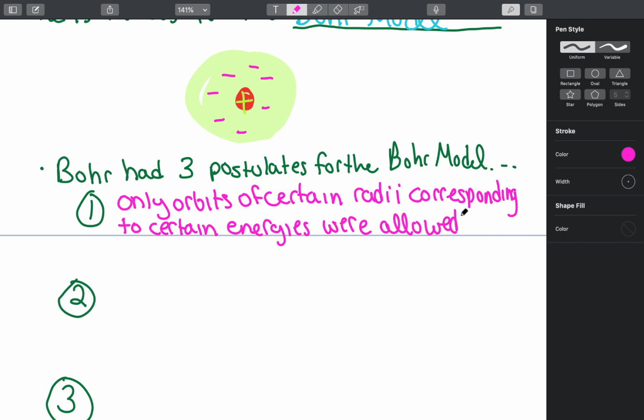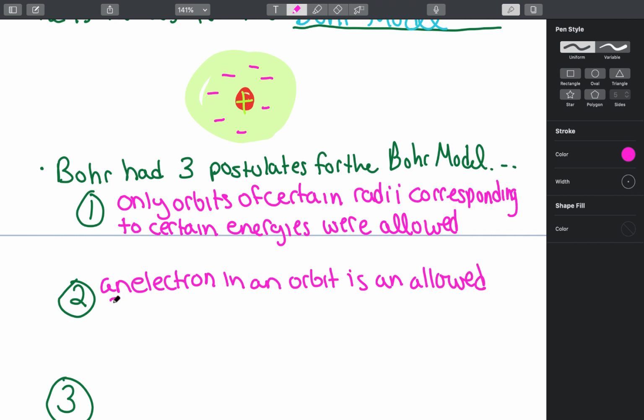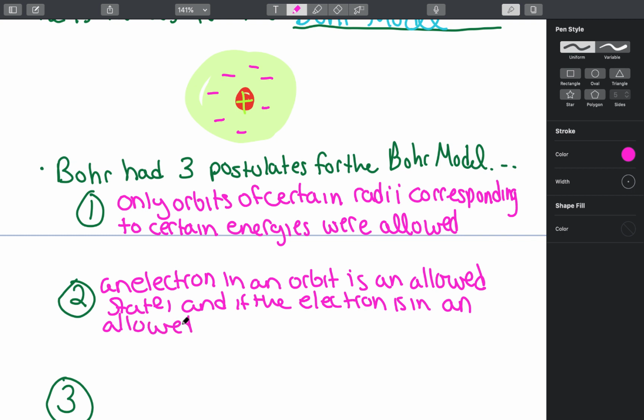The second postulate is that an electron in an orbit is an allowed state, and if the electron is in an allowed state, it loses no energy.